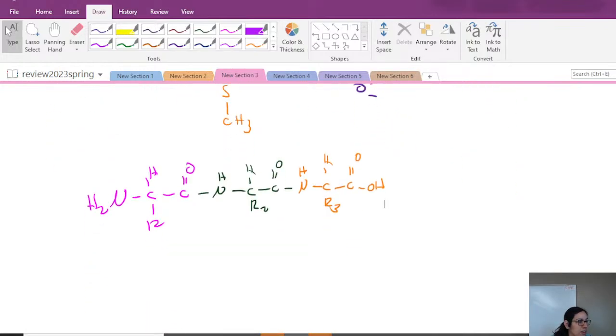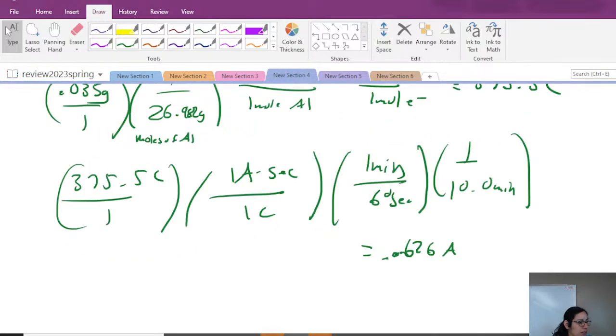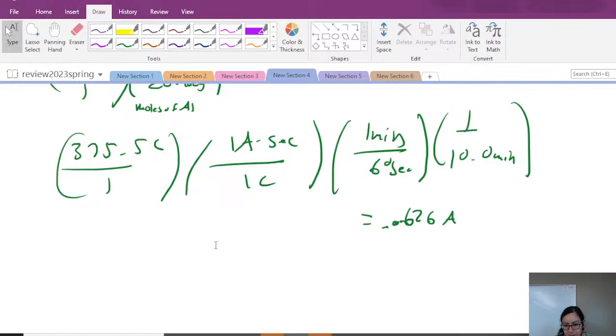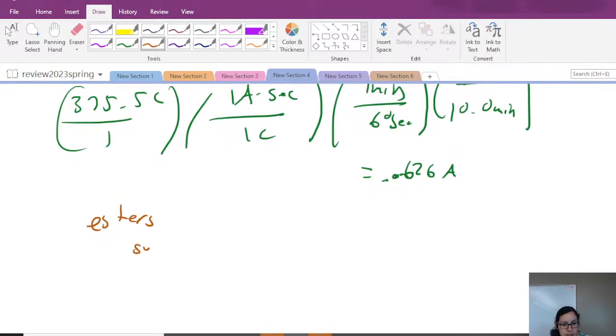Hybridization, more naming, simple alkanes and branch chains. The current plating one, oxidation number, and then ester naming, which we didn't go over. What I would look up for esters is how to synthesize them.